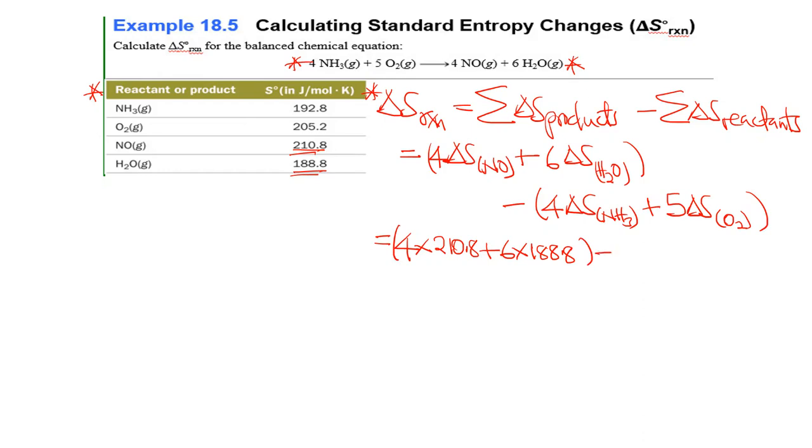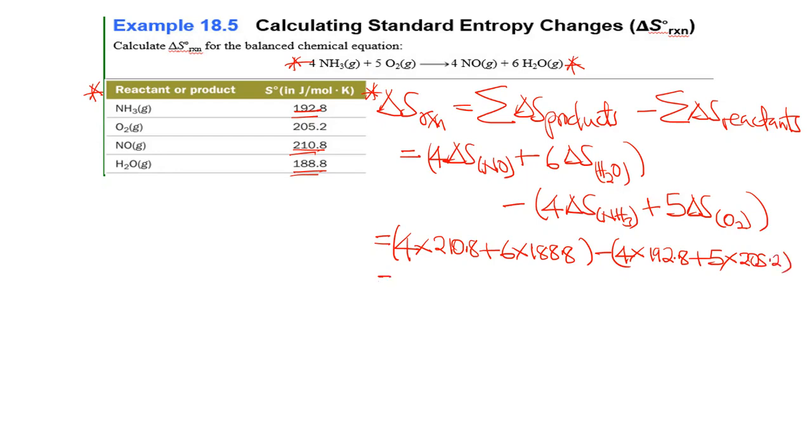So these products minus 4 times the delta S of NH3, which is given here, 192.8, plus 5 times the delta S of oxygen, given as 205.2.